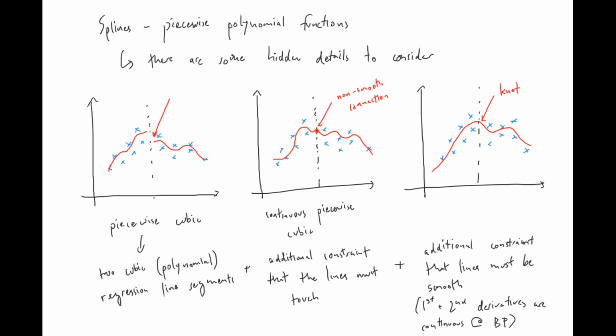Okay, so the knot contains information about the number of knots, right? You're going to have a knot at every breakpoint. And this final form is known as the spline. So this is a cubic spline because the polynomial order is 3.